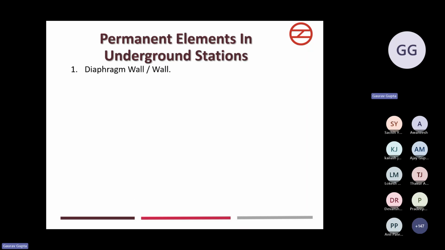So firstly, we will move on to the permanent elements in underground stations. First comes the diaphragm wall or A wall. Now, what is a diaphragm wall? Diaphragm wall is a wall which is built basically in top-down construction, and A wall is a wall which is basically constructed in bottom-up construction.